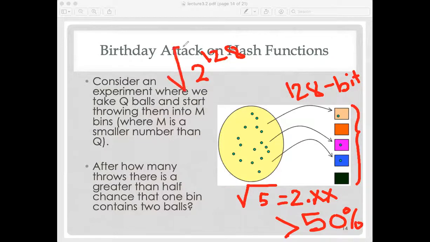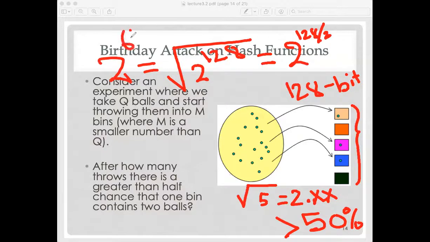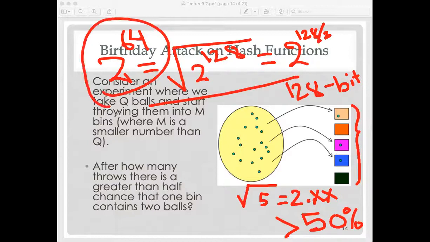If I take the square root of this, and we know the square root is very simply, if you have an exponent you take the exponent and divide it by 2. So after throwing 2 to the 64 different outputs, after the algorithm produces 2 to the 64 possible outputs, the probability that the next output is one the algorithm already put out is more than 50%.